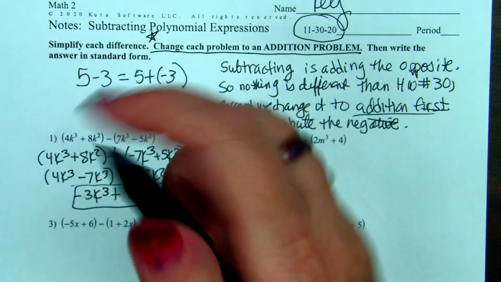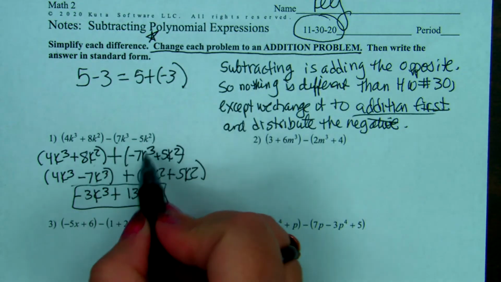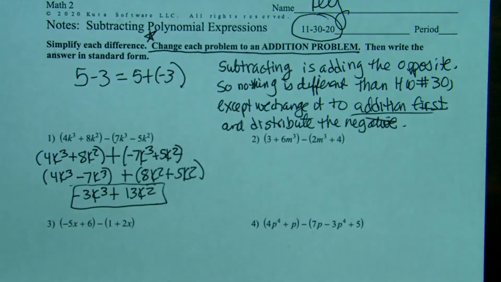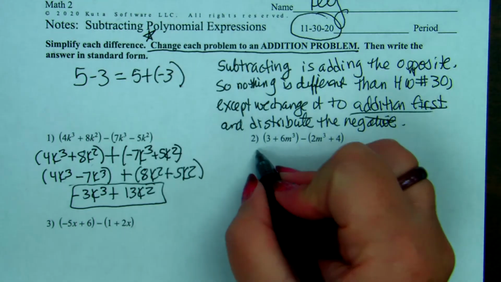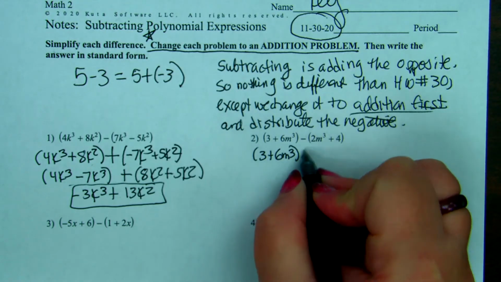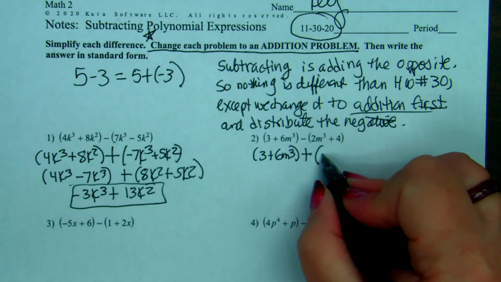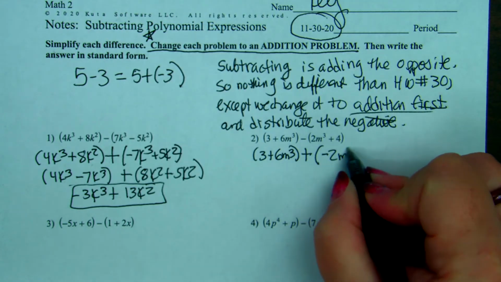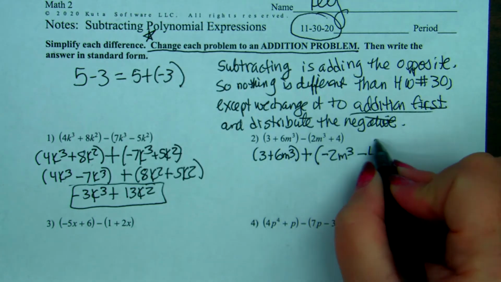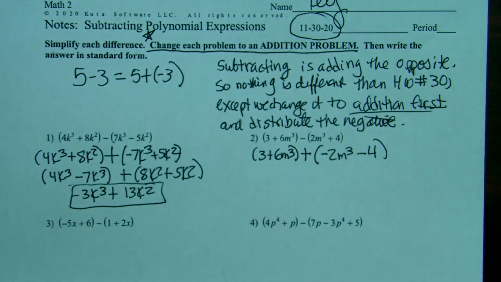For number 31, when there's a minus, you change it to plus and change the sign of each of the ones inside. So the beginning expression stays the same, plus, and then what do we change these to? Negative 2m cubed minus 4. They were both positive, and now they're both negative.